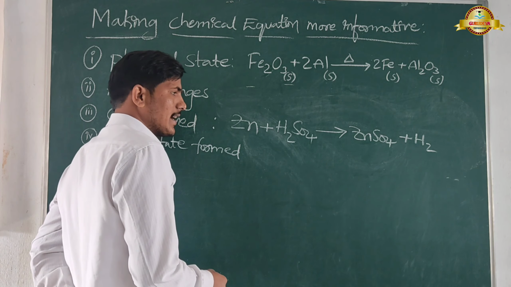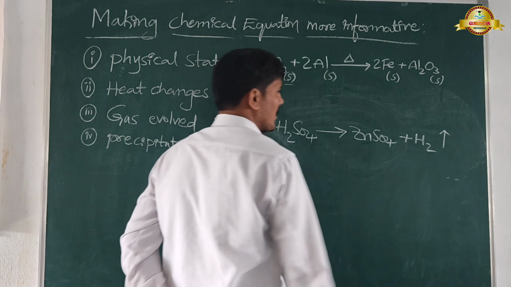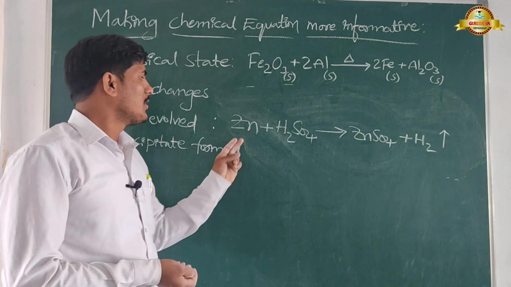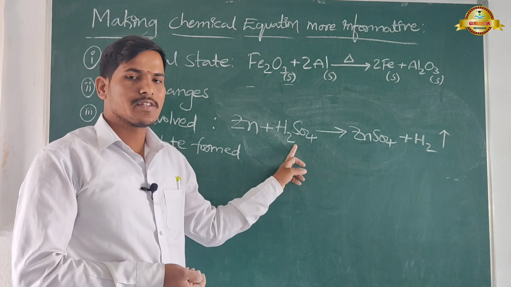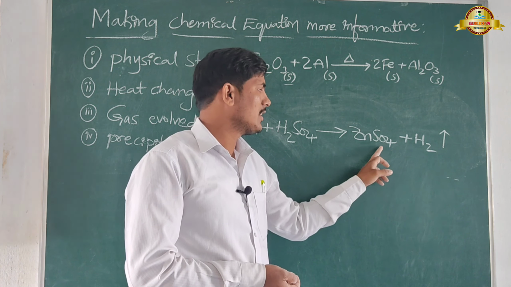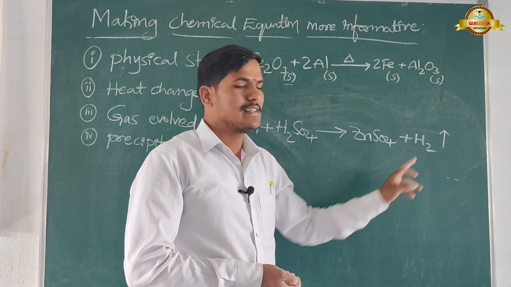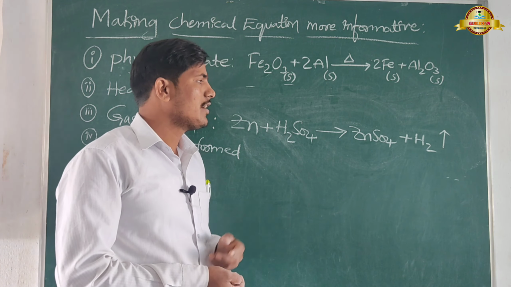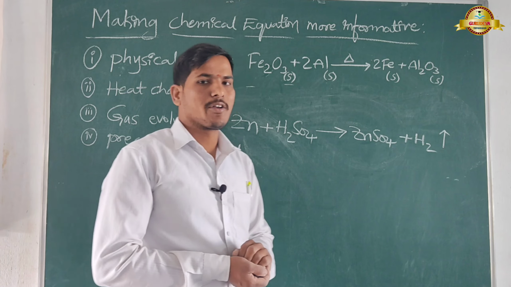When gases are evolved in a chemical reaction, it is denoted with an upward arrow mark. Here zinc when treated with sulfuric acid, H2SO4 means sulfuric acid, it will form zinc sulfate, ZnSO4 means zinc sulfate, and hydrogen gas is evolved.